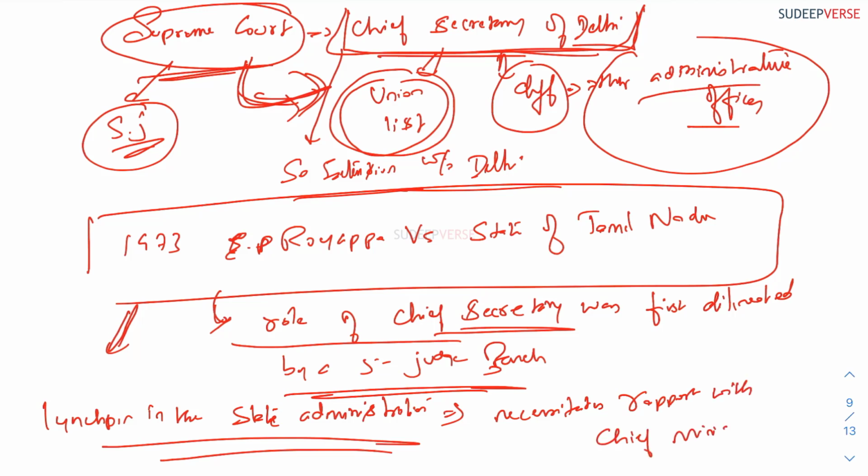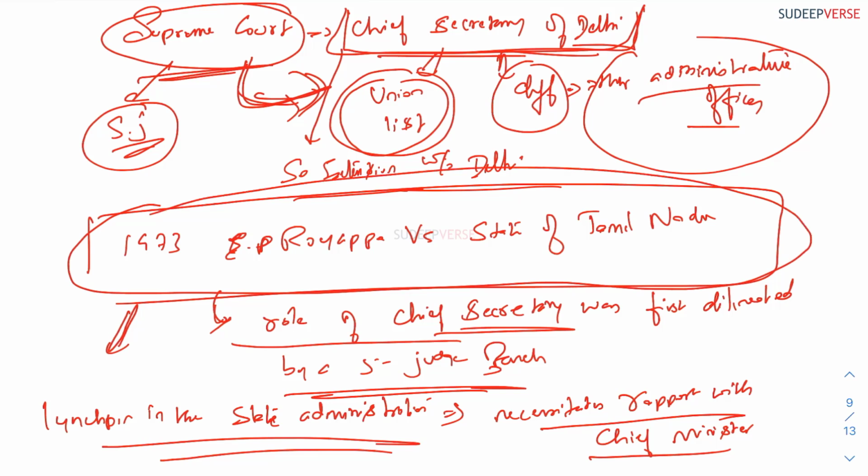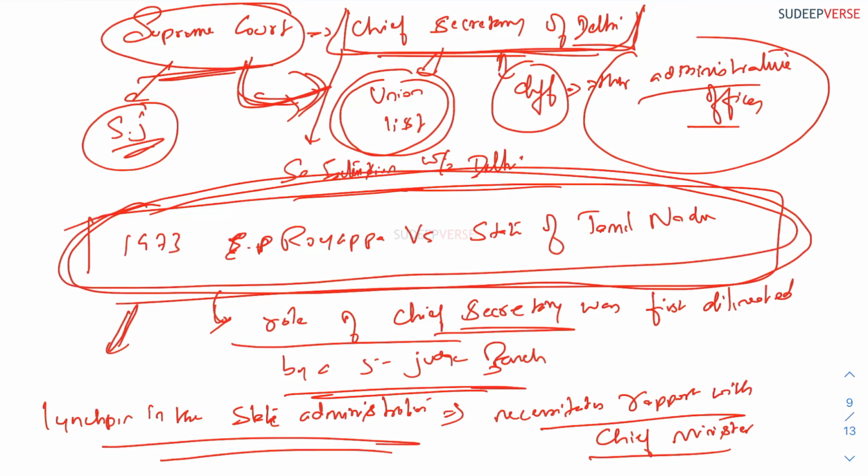Otherwise, the working of the state becomes difficult. So the author tells that this particular case was overlooked when the Chief Secretary was read by the Supreme Court in what is happening in Delhi. The author tells that the spirit of the Rayappa case was not upheld in the Supreme Court's interpretation of the extension of tenure of the Chief Secretary of Delhi. So this is one other perspective that the author gives.